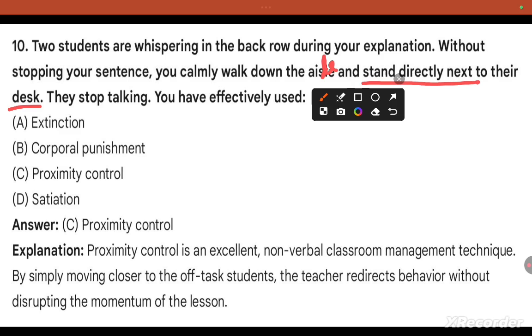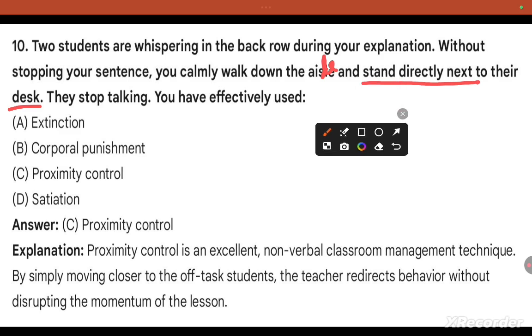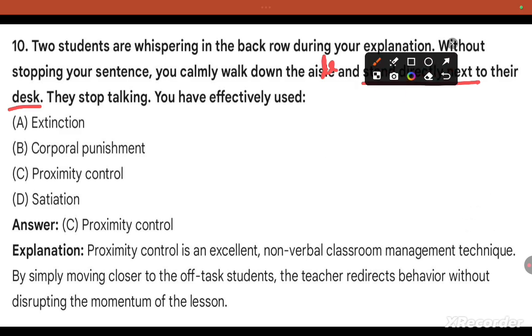They stop talking. You have effectively used what?